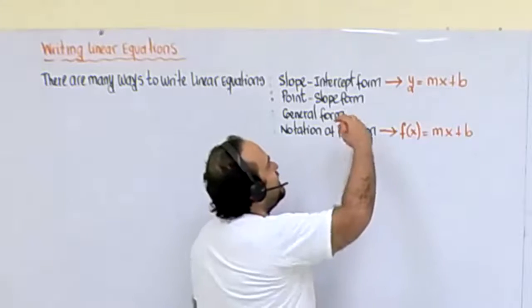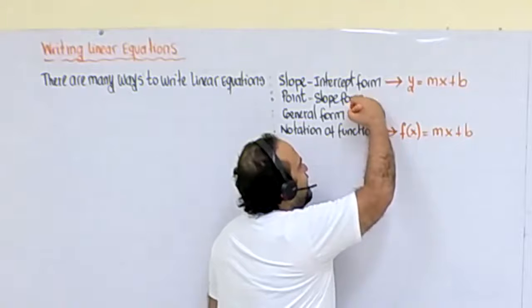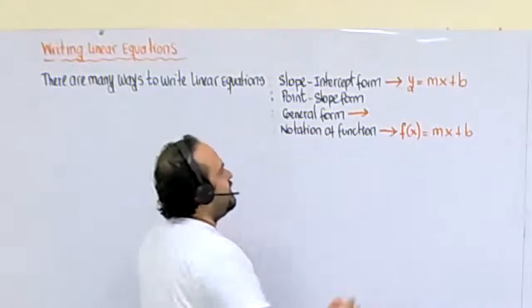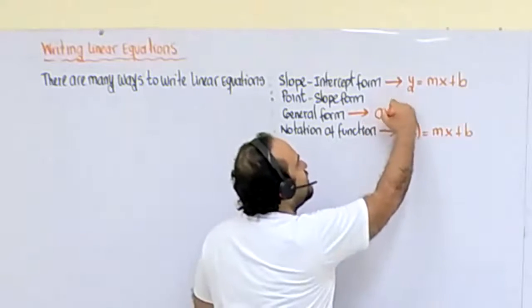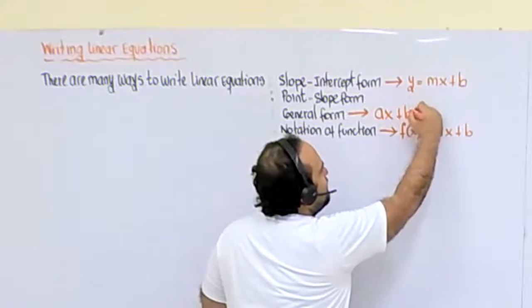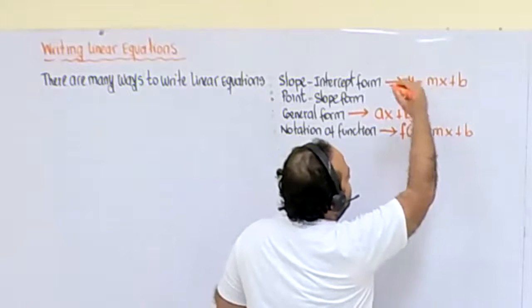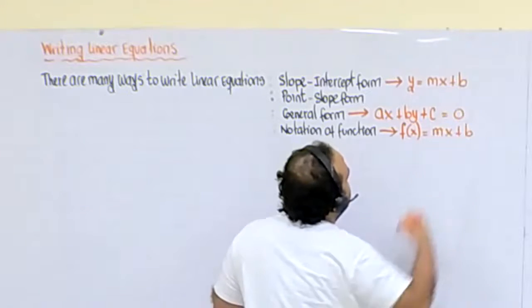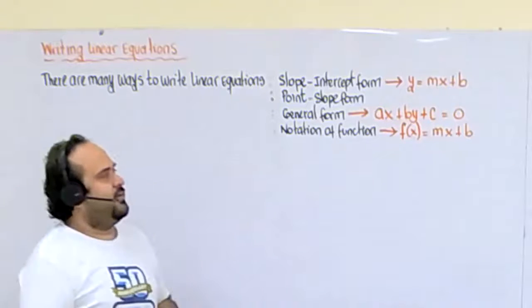In that case, in the general form, you're going to find ax plus by minus or plus c, and the entire equation will be equal to 0.